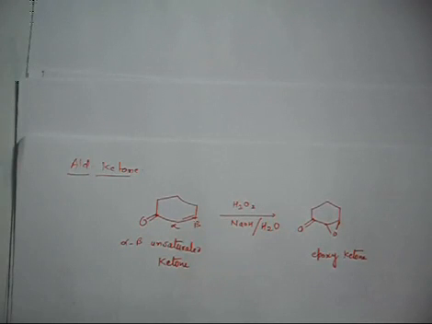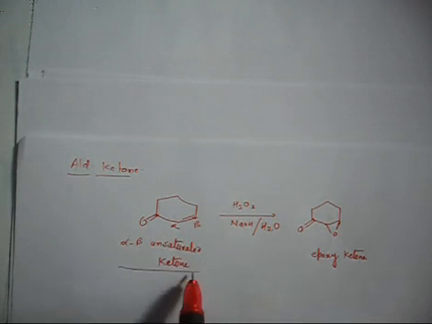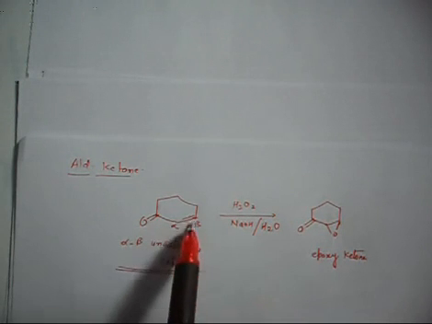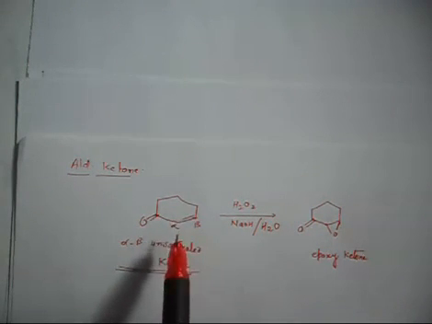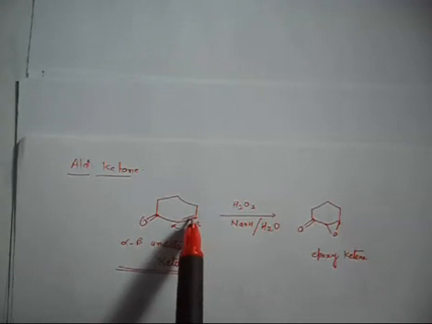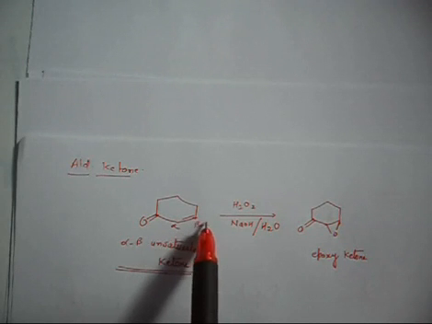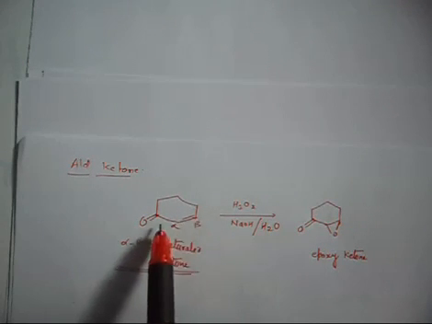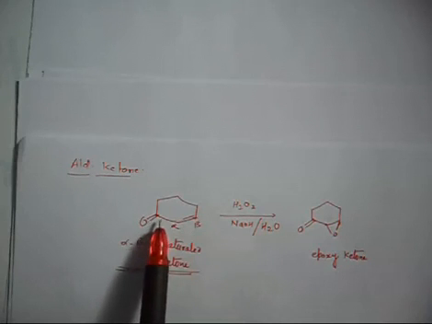The reaction is specific only to unsaturated ketones. This means there must be a conjugate attack, because if it is specific to unsaturated ketones, there should be an attack somewhere here. If only the ketone is there, this reaction is not possible.